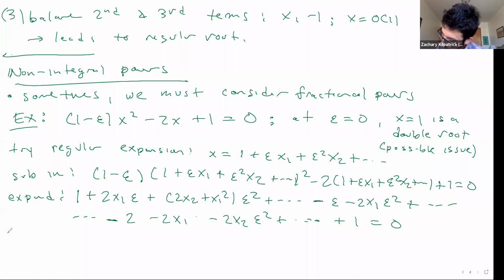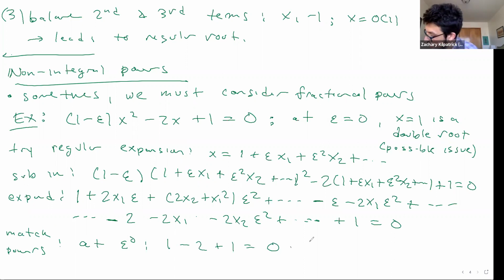Now I have this long expansion, endless terms. I'm going to match powers, and we start at epsilon to the 0. I have 1 here, I have a minus 2 here, and I have a plus 1 here. So far, all is well because that agrees.